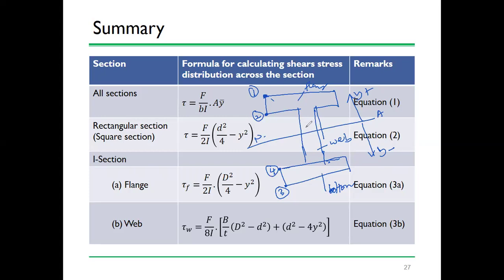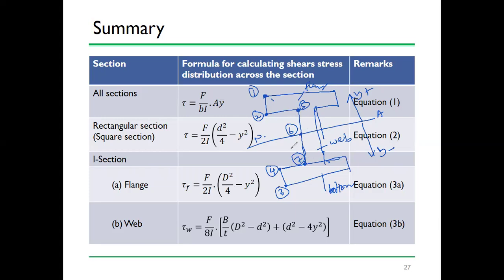Then when it comes to the web, points of interest, 5. And the neutral axis here, which is 6. And of course, this part is also of interest. So if you are able to draw the shear diagram, these are the critical points you have to calculate.